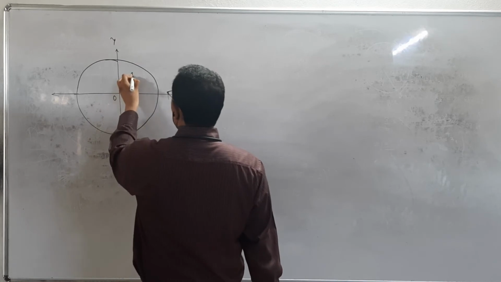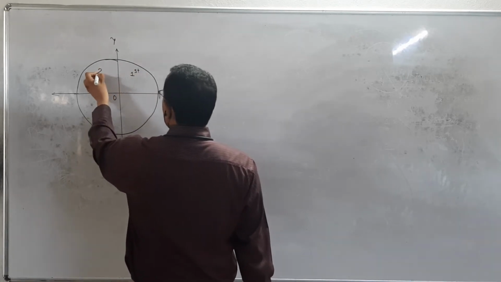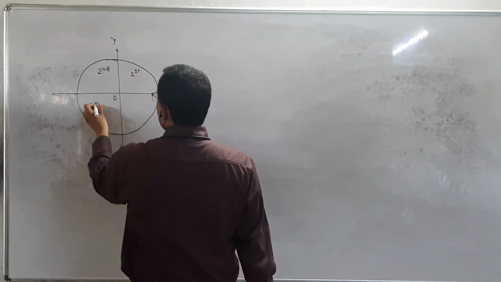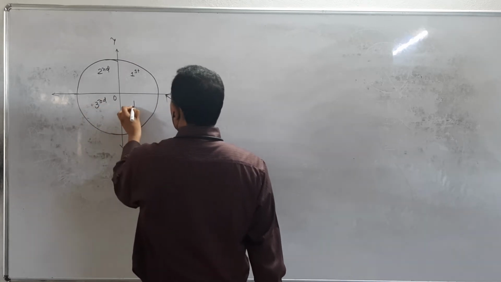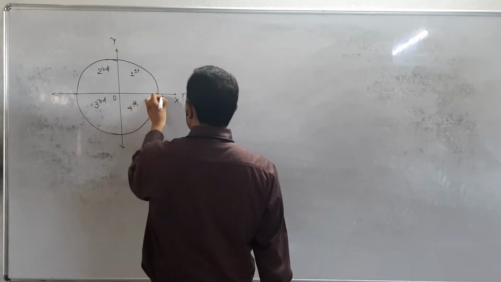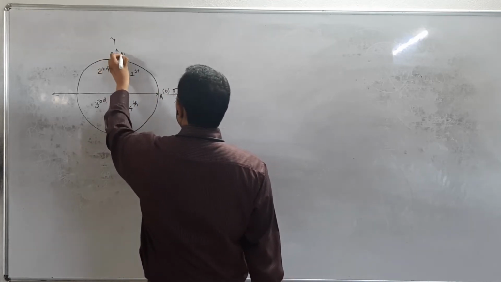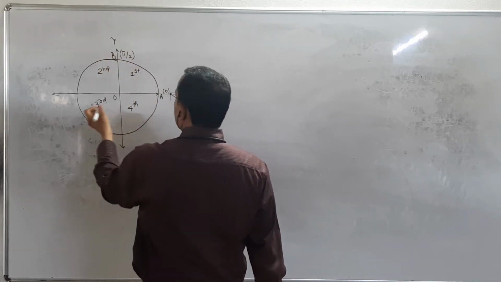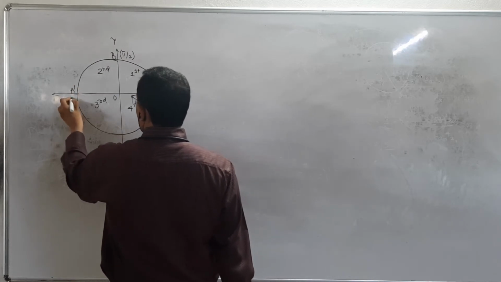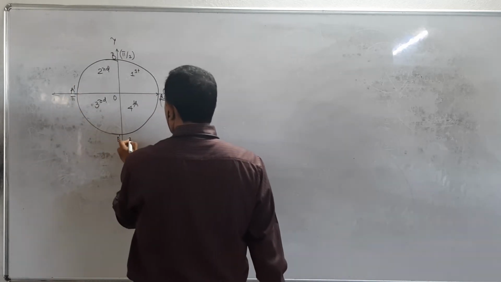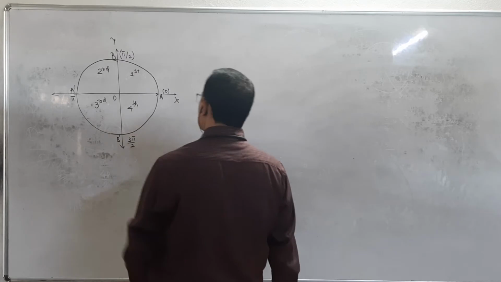This is the origin. First quadrant, second quadrant, third quadrant, fourth quadrant. Here the angle starts with 0. At B it is pi by 2 radian, 90 degree. At A dash it is pi radian. At B dash it is 3 pi by 2.